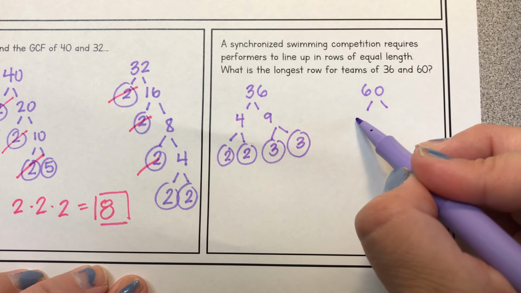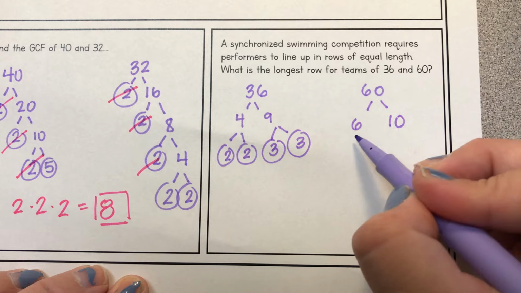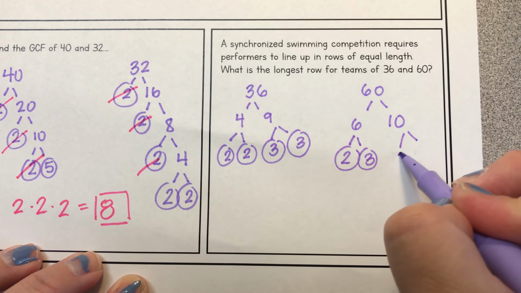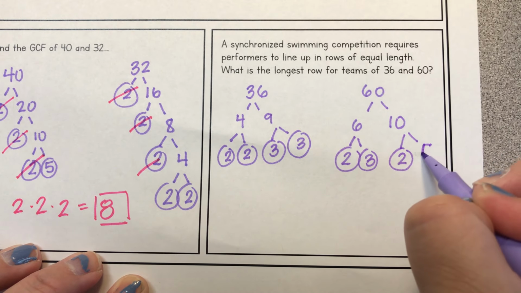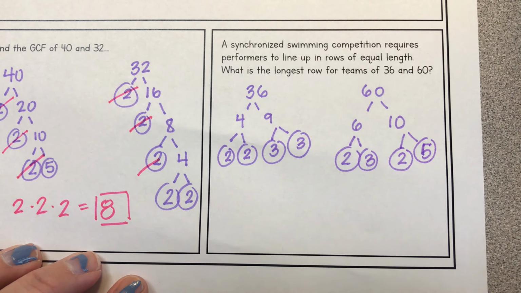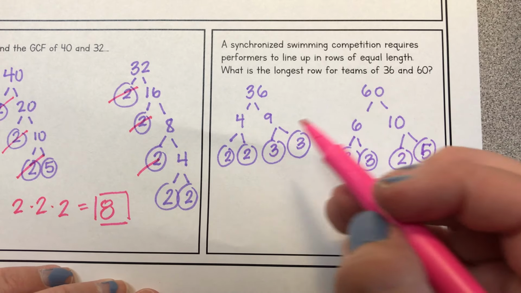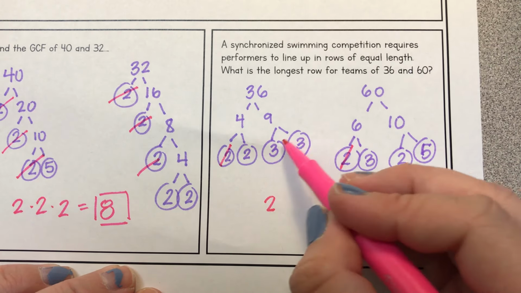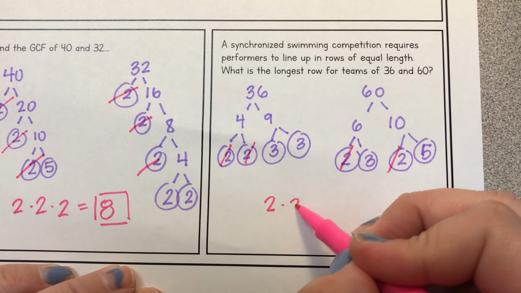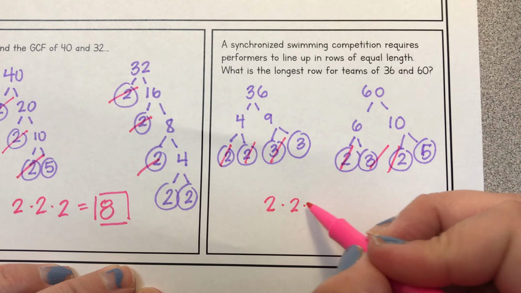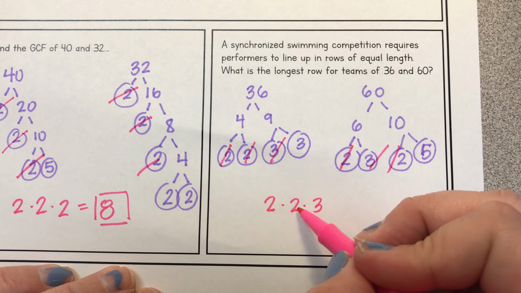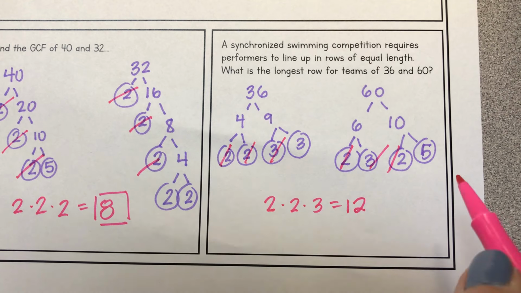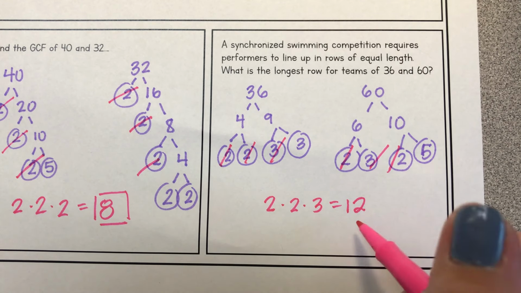And then 60 is 6 times 10, 2 times 3, 2 times 5. When I'm looking for what I can pick off both of these prime factor trees, they both have a 2, they both have another 2, and they both have a 3. 2 times 2 is 4, 4 times 3 is 12. So the GCF of 36 and 60 would be 12.